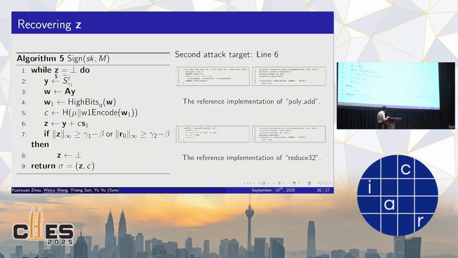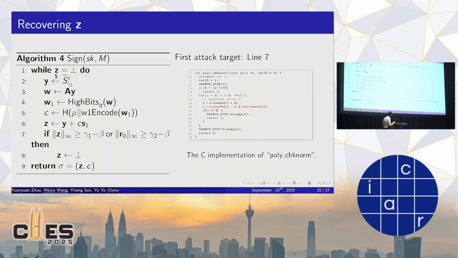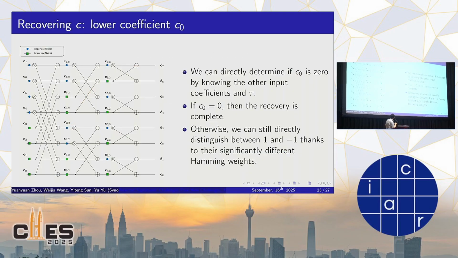For this coefficient, it can be directly recovered because the only possible values are -1, 0, 1. But these values are not so narrow, so in this case, we need to recover the Hamming weight of them.